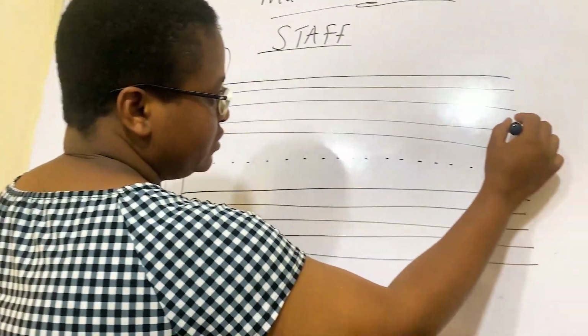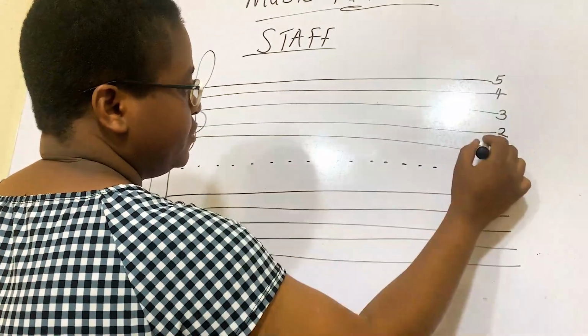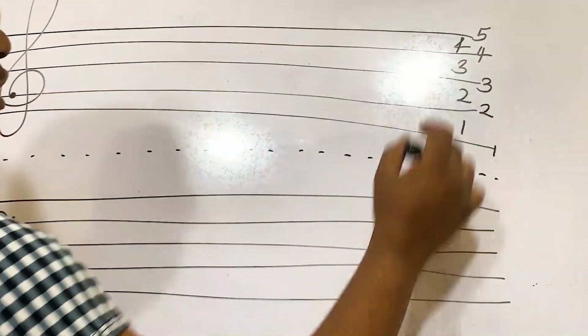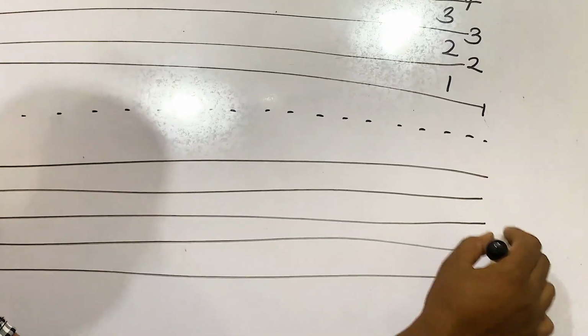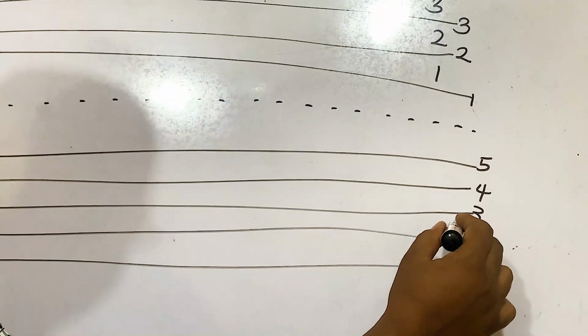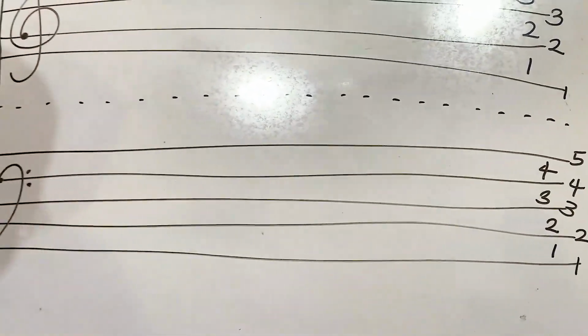This is line 1, line 2, line 3, line 4, line 5. Space 1, space 2, space 3, space 4. The same applies to the bass clef. I have my line 1, 2, 3, 4, 5, space 1, space 2, space 3, and space 4.